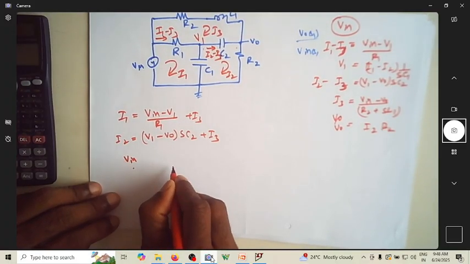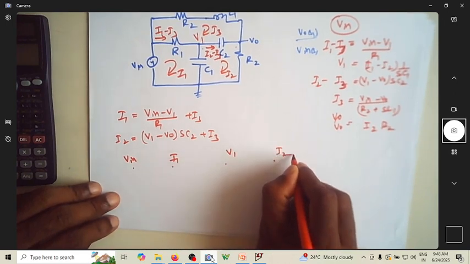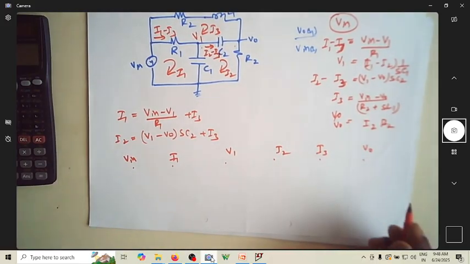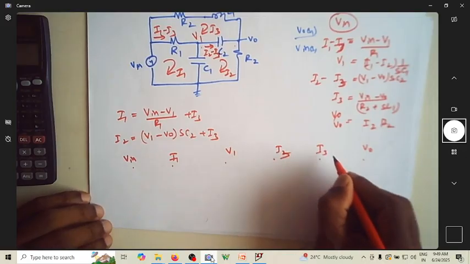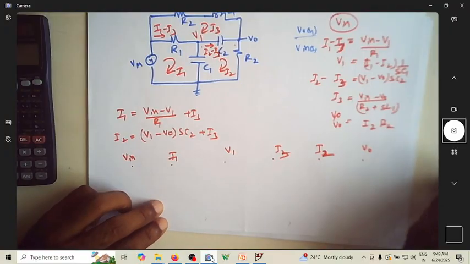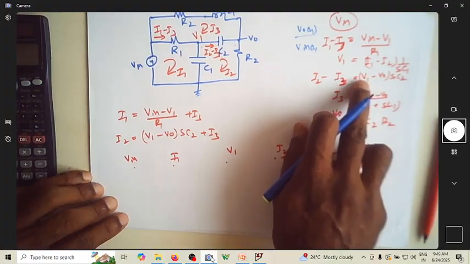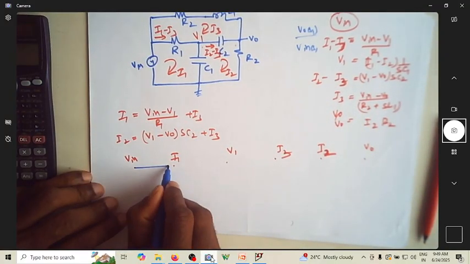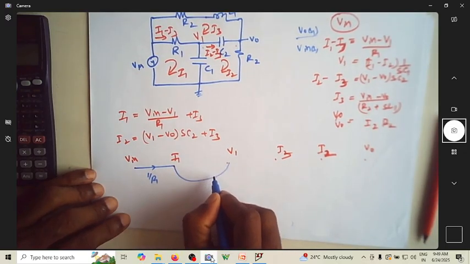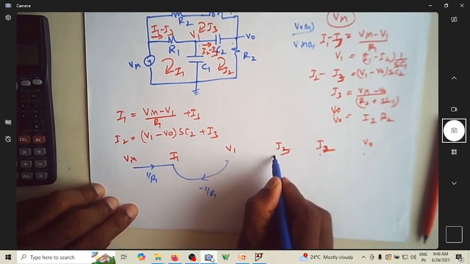Now once you're done with this, identify the variables. It is Vin, I1, V1, I2, I3 and V0. Or let me write I3, I2, V0. You can write any order, it's fine. So now what is I1? It's Vin times 1 over R1, and this is minus 1 over R1 times V1, and you have I3 coming directly.